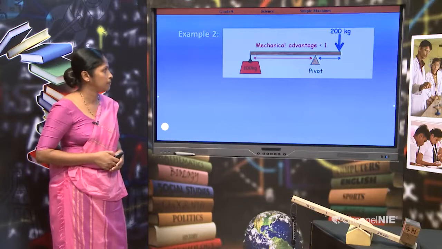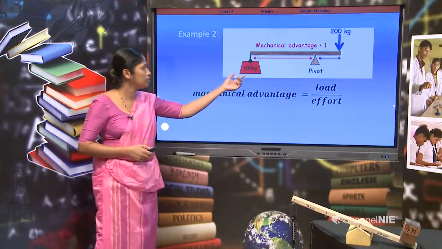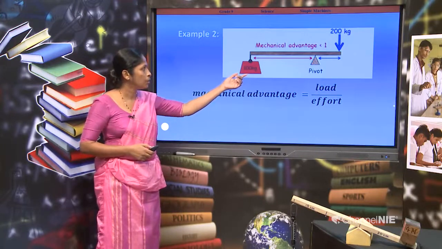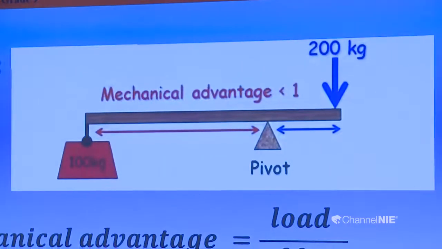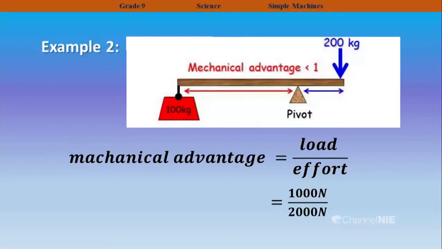Another activity, example 2. Here, the same boulder is lifted by exerting a force of 200 kilogram, and that is equal to 2000 Newton. The load is 1000 Newton.